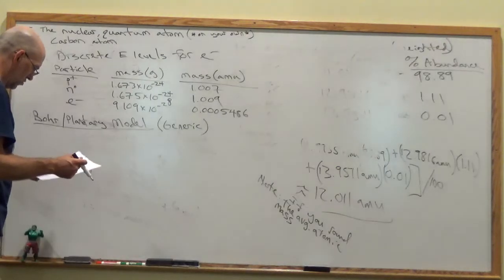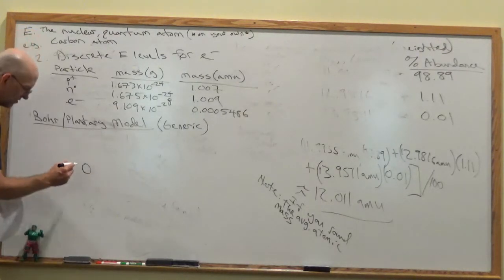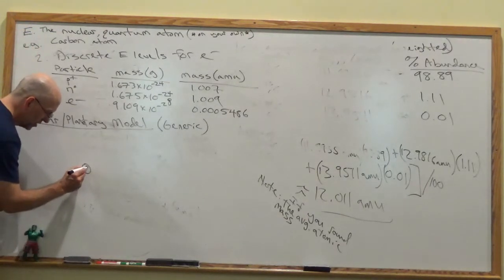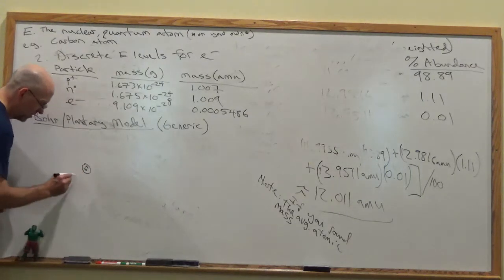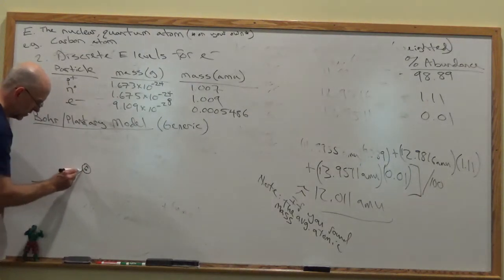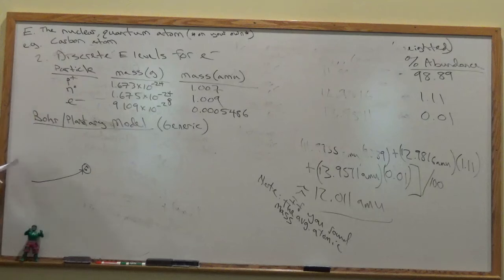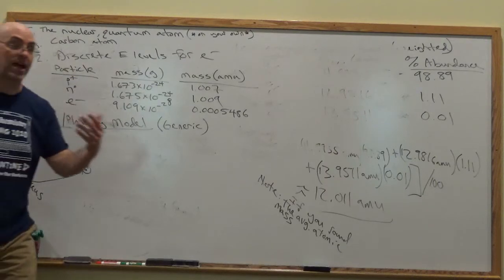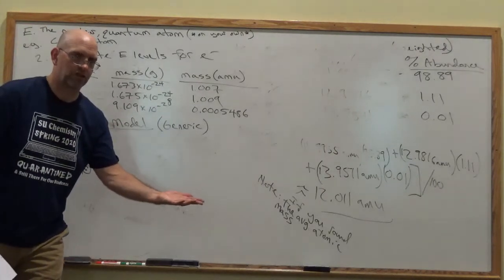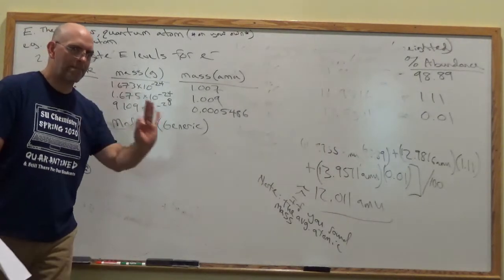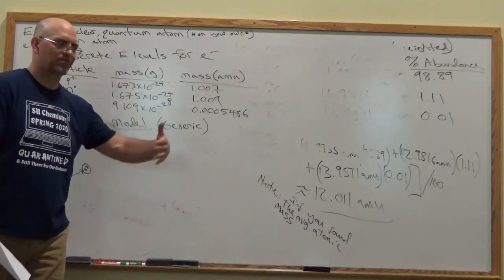Okay, so in the middle, you have your protons, you have your neutrons, and that's called the nucleus, discovered by Ernest Rutherford, the famous gold foil experiment, amazing experiment. It was just kind of happenstance.